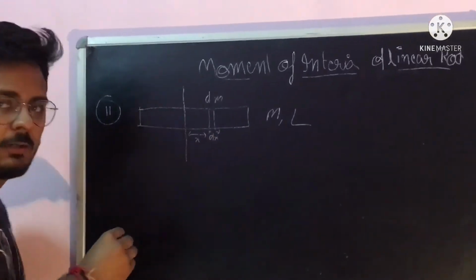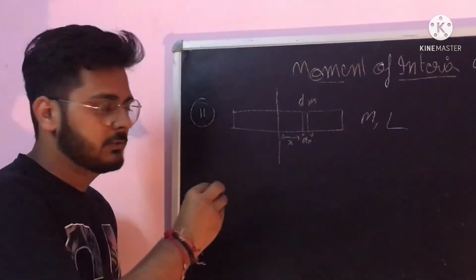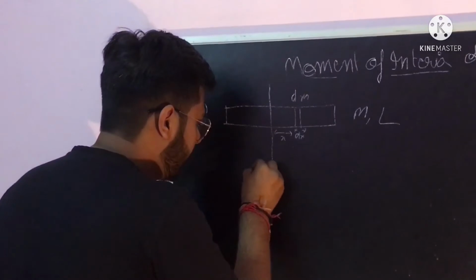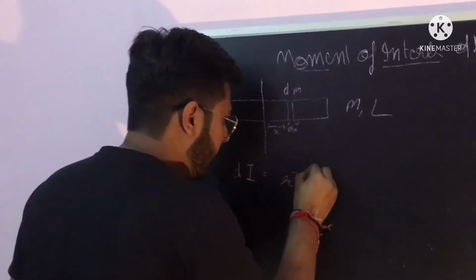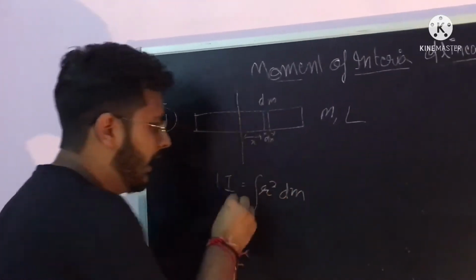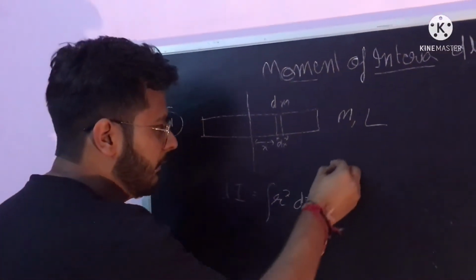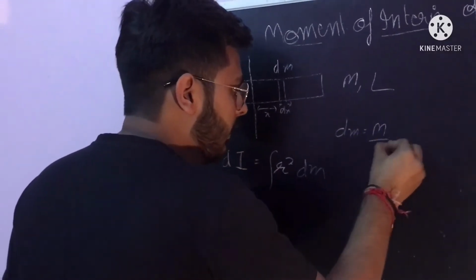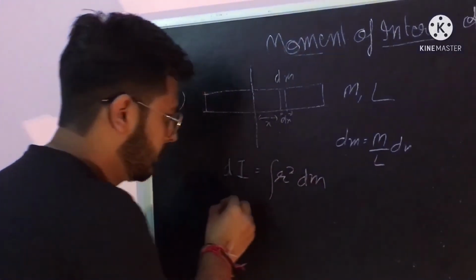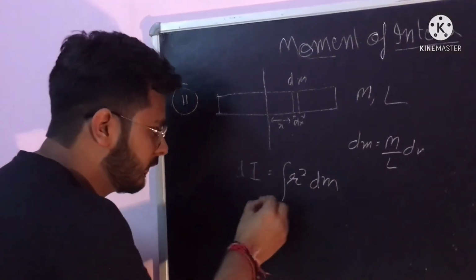Now, as you know, the moment of inertia of a continuous mass system is written as I = ∫ r² dm, here r is the distance x and dm is density into dx. Now put this value here.